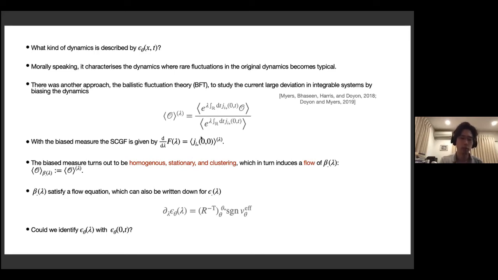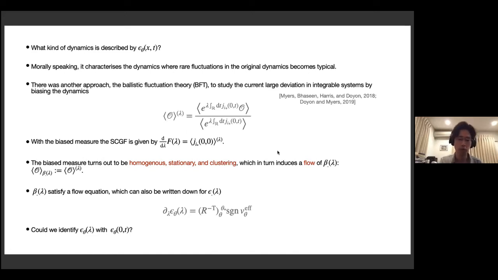If you do that, you can show that the scaled cumulant generating function is given simply by the current with respect to this new measure. It turns out that this biased measure is homogeneous, stationary, and clustering, and therefore you can sensibly define beta lambda of lambda associated with this new measure.